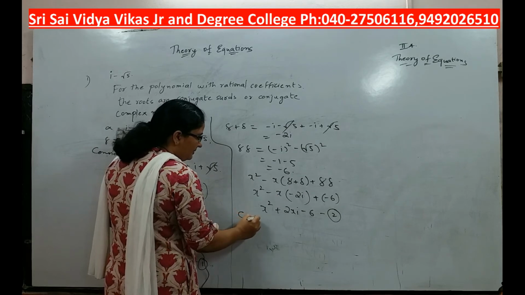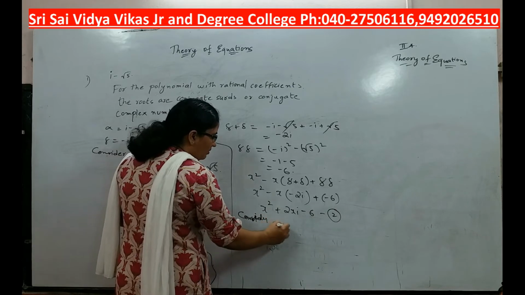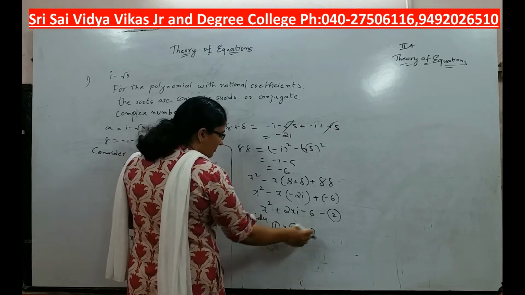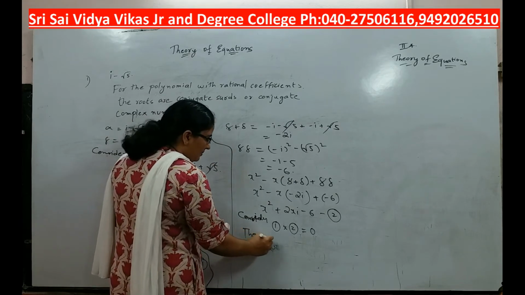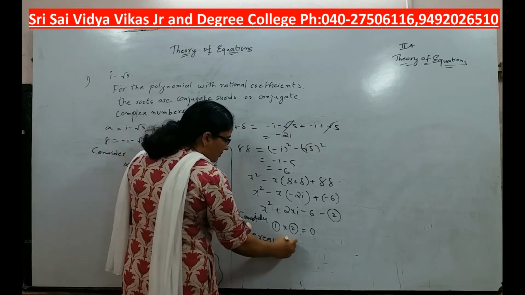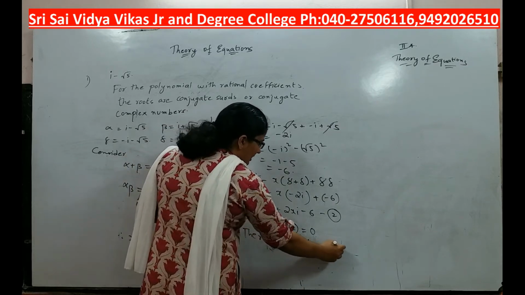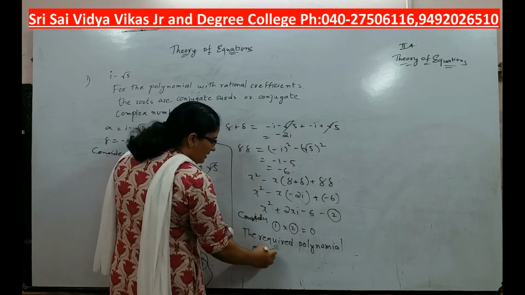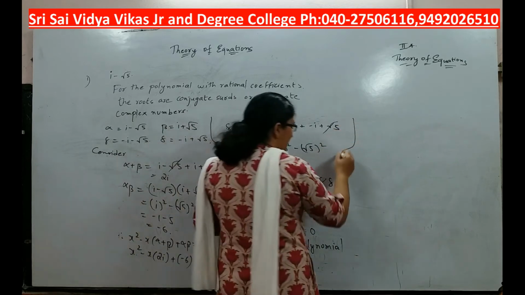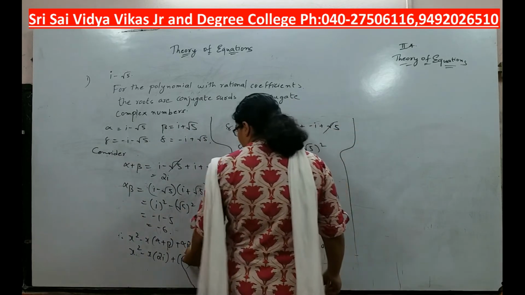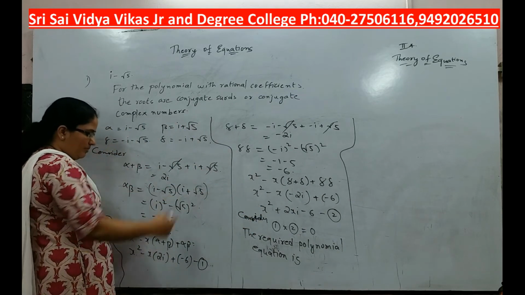Consider 1 into 2 is equal to 0. The required polynomial equation is, we have to multiply 1 with 2, right?